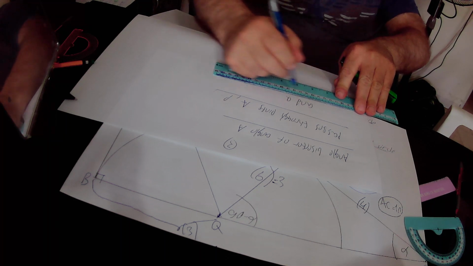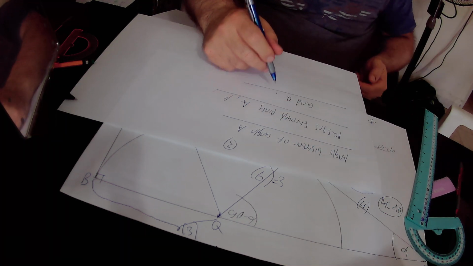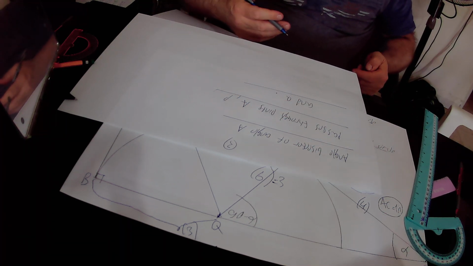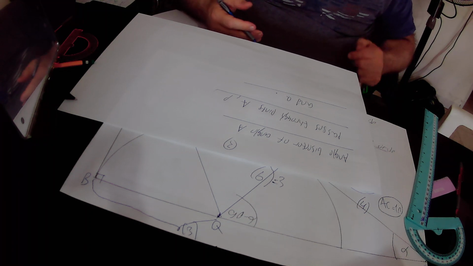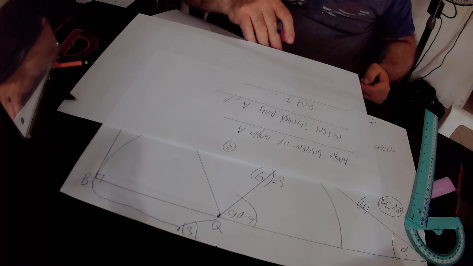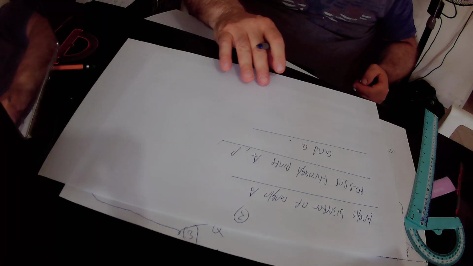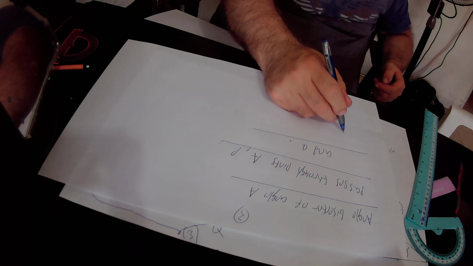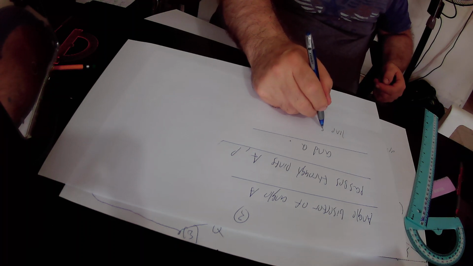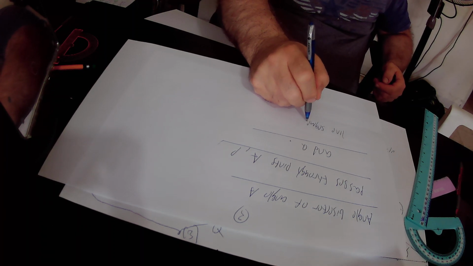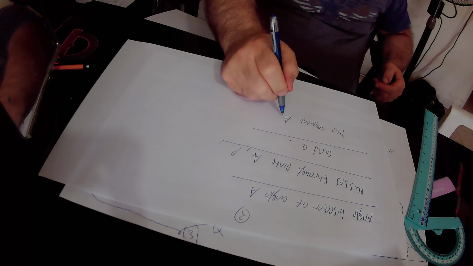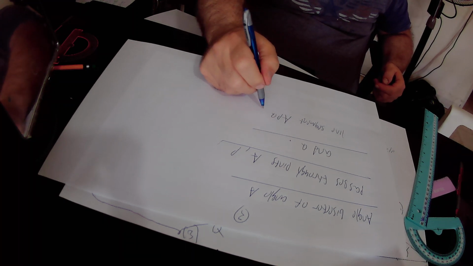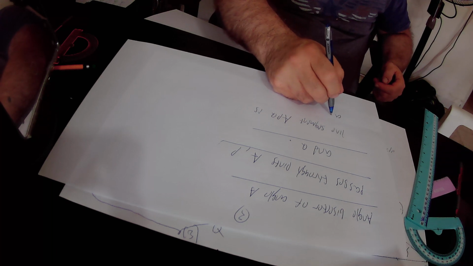And we also know that the angle bisector of any angle is a straight line, of course. Therefore, we can write down that line segment APQ is a straight line.